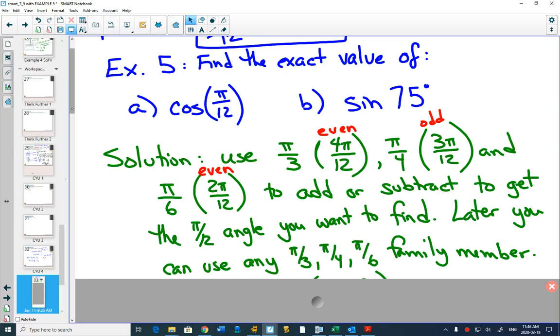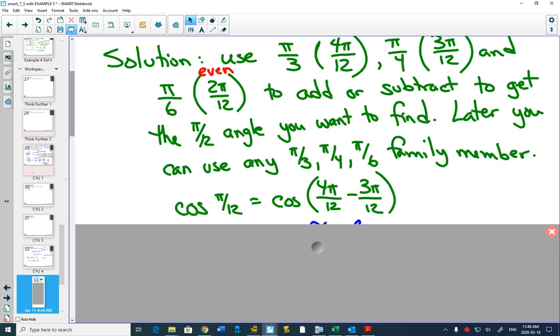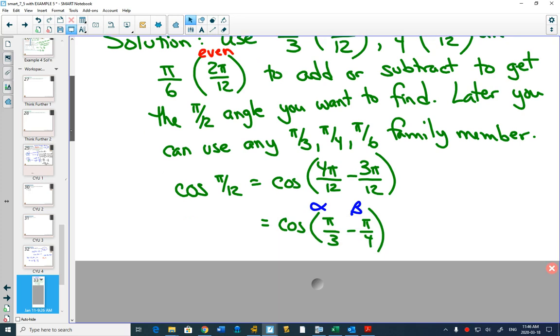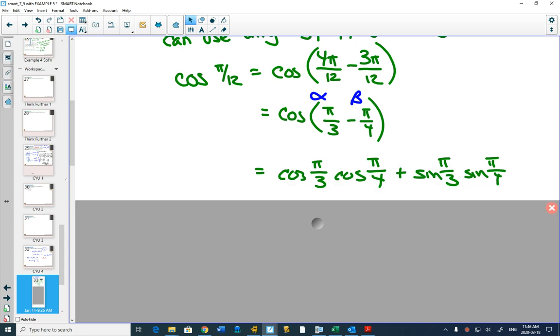So you could choose either one of those. It doesn't matter which one you choose. So if I chose 4 pi over 12 minus 3 pi over 12, this is my alpha, this is my beta. So I go to my formula, and I substitute those in.